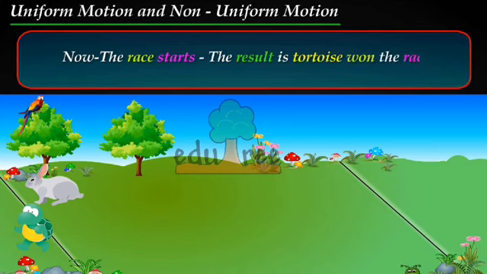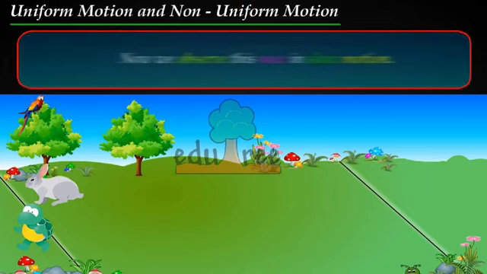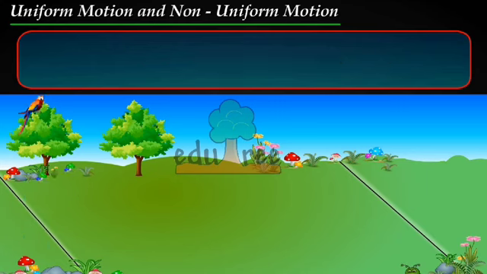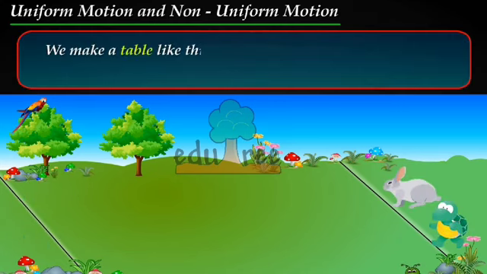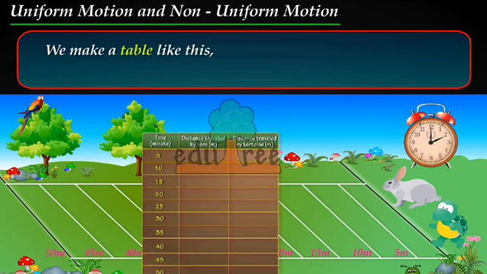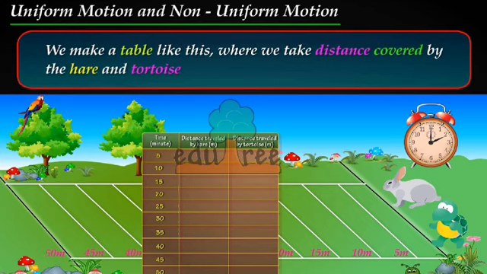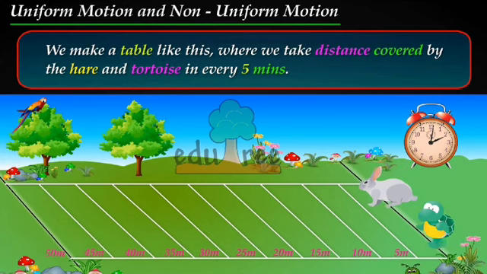The result is that the tortoise won the race. Now we observe this race in slow motion. We make a table like this, where we take the distance covered by the hare and tortoise in every 5 minutes.